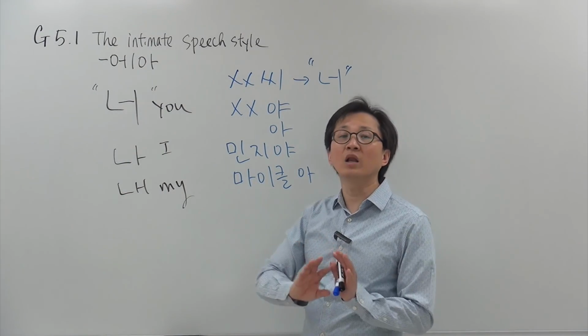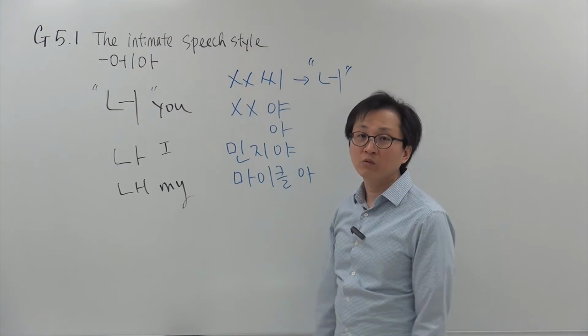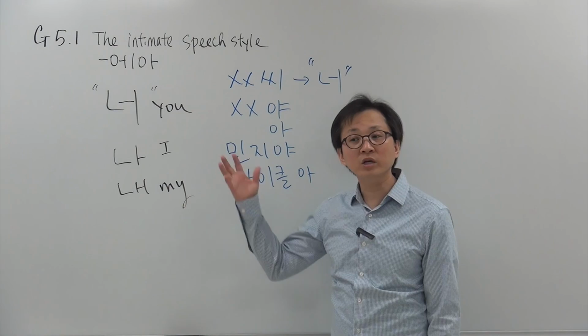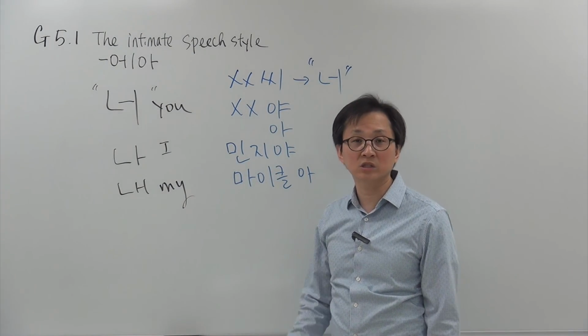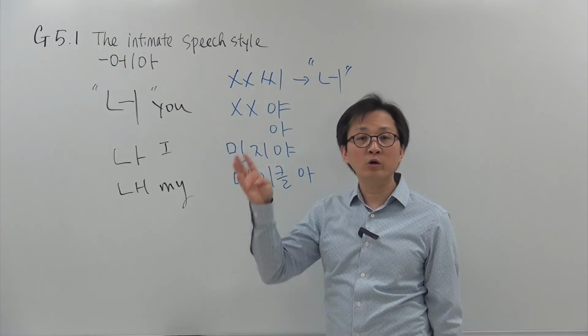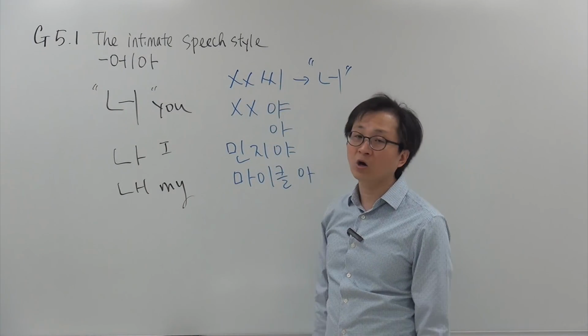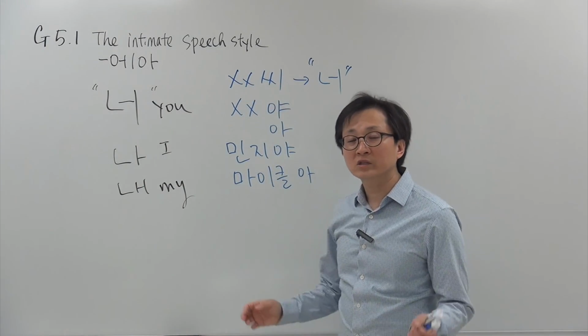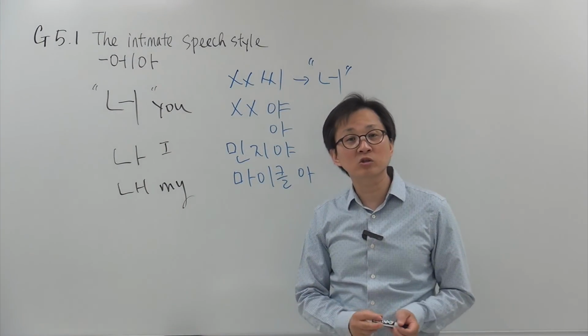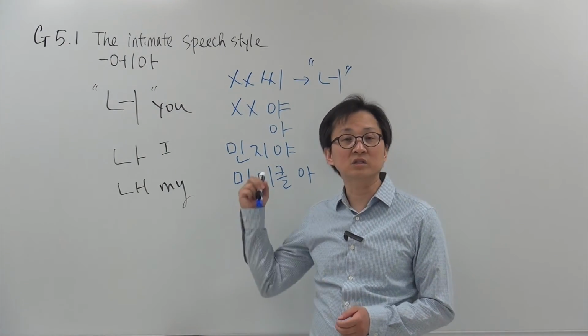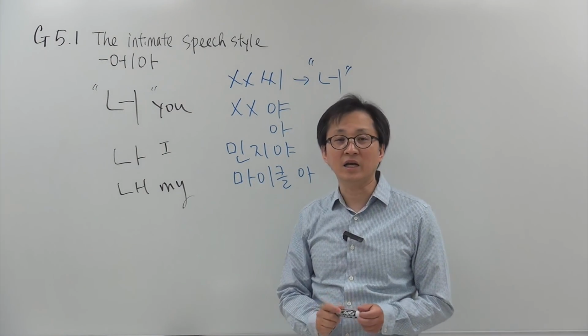We will learn them later. But so far we have learned the 3 most popular speech styles, which are 어요 아요, 습니다, and today's ending. Okay, so let's try to speak more casually in class with this intimate style. 반말. 감사합니다.